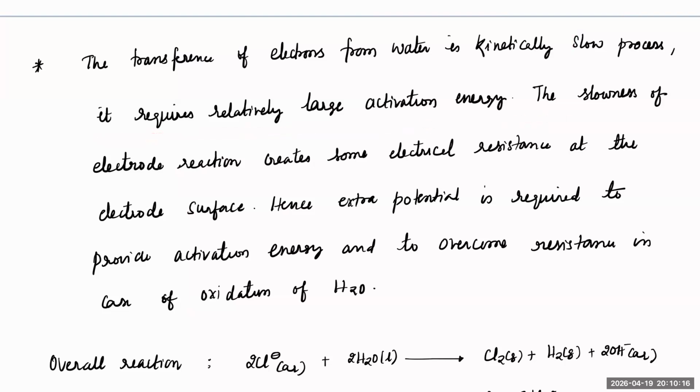Why is that happening? Because of that bubble potential. The slowness of the electrode reaction creates some electrical resistance at the electrode surface. Hence, extra potential is required to provide that activation energy and to overcome the resistance in the case of oxidation of water.